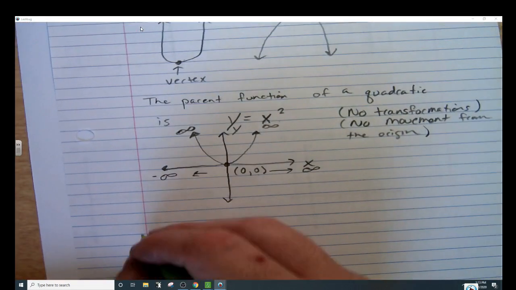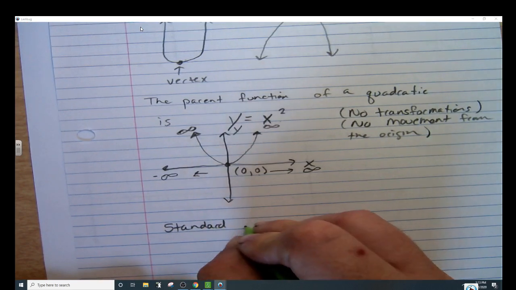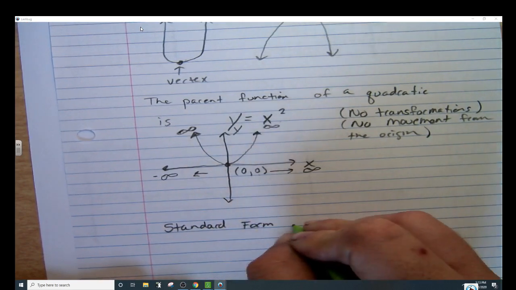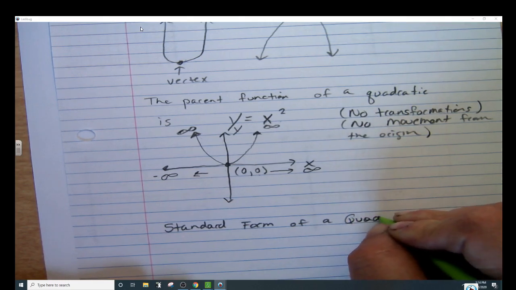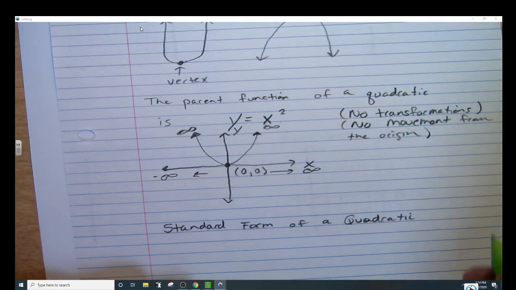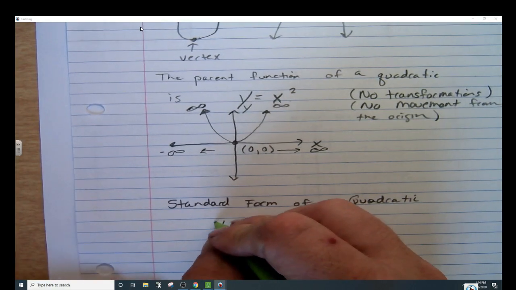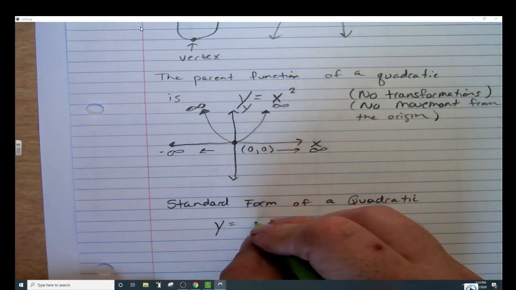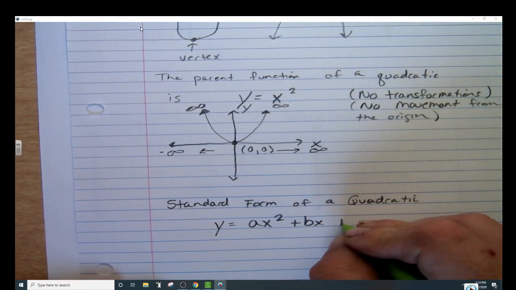Now, let's talk about standard form of a quadratic. Guys, very important concept here. If I ask you what's the standard form of a quadratic, that is y equals ax squared plus bx plus c.